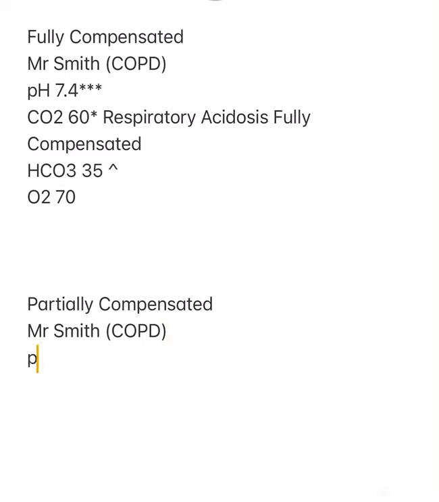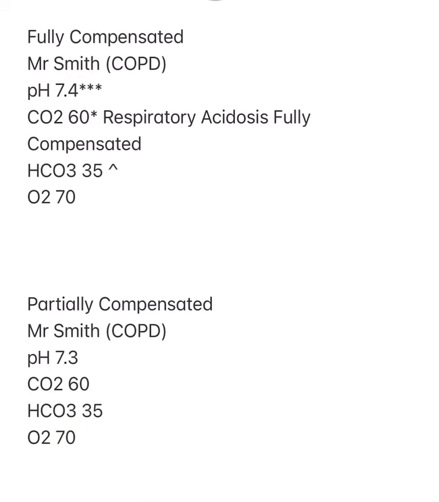So the pH will be abnormal. It'll be low, so I'll say 7.3. The CO2 will be high still at 60. And the bicarb will be high as well, with the normal O2 because he's not hypoxic.